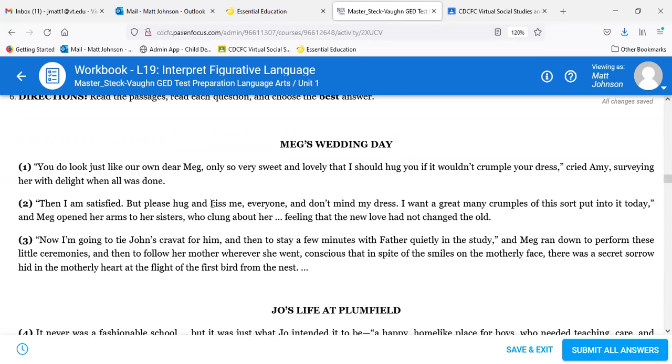Now I am going to tie John's cravats for him, and then stay a few minutes with Father quietly in the study, and Meg ran down to perform these little ceremonies, and then to follow her mother wherever she went, conscious that in spite of the smiles on the motherly face, there was a secret sorrow, and the motherly heart hurt at the flight of the first bird from the nest.